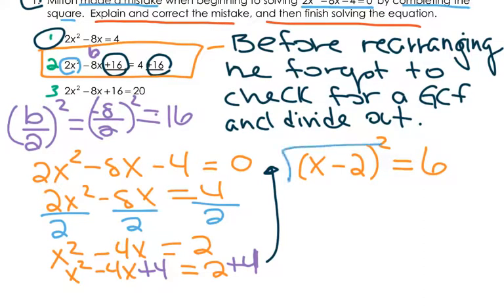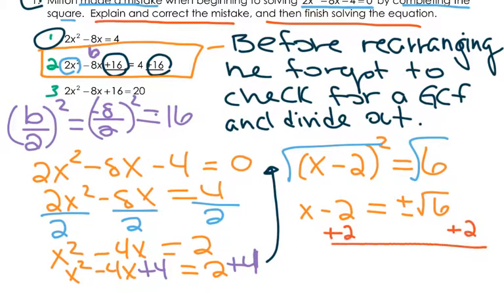Take the square root on both sides, and we would have x minus 2 equals, remember, plus or minus radical 6. And then we're looking to get x by itself. So we're going to add 2. And we could say x is equal to 2 plus or minus radical 6.